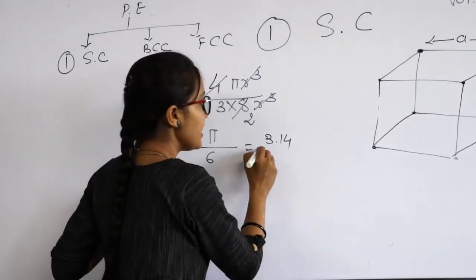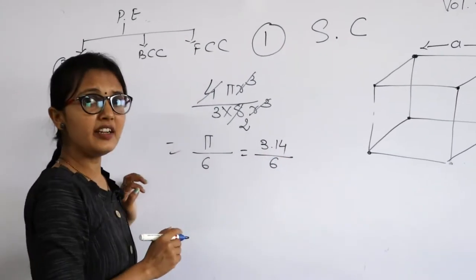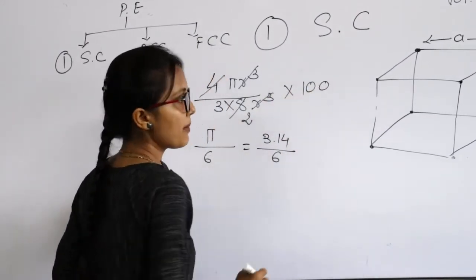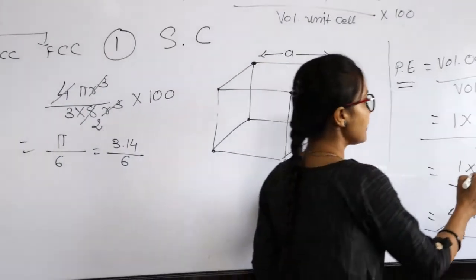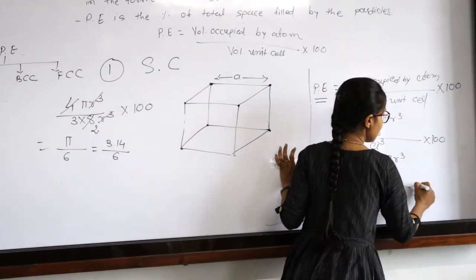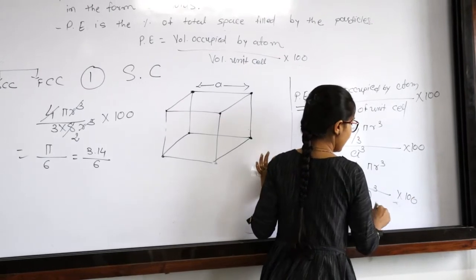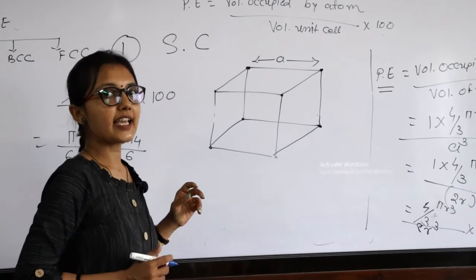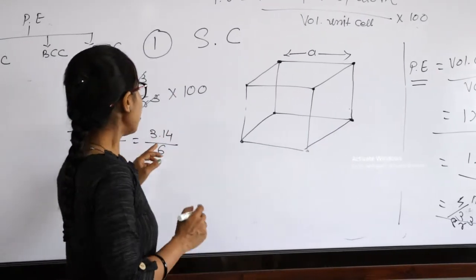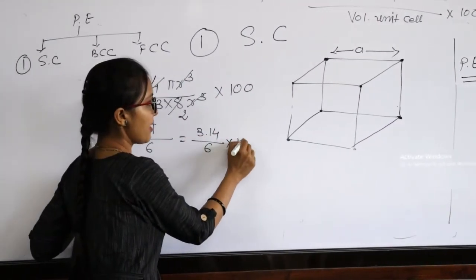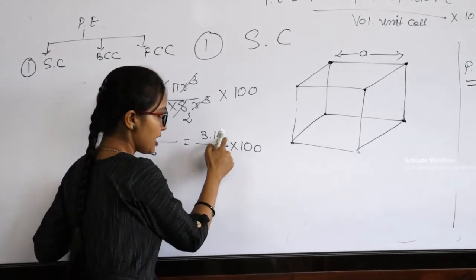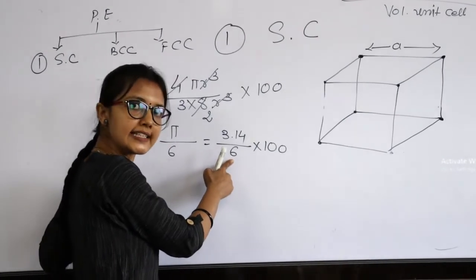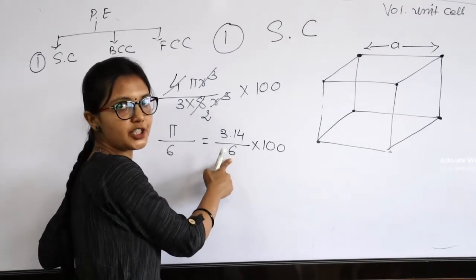Okay, divide by 6. And please, sorry, here I forgot to multiply by 100. Why? Because this one is a percentage. That's why it is compulsory to multiply by 100, and easily we get the value of packing efficiency. So 3.14 divided by 6, then easily you get 0.52 value.